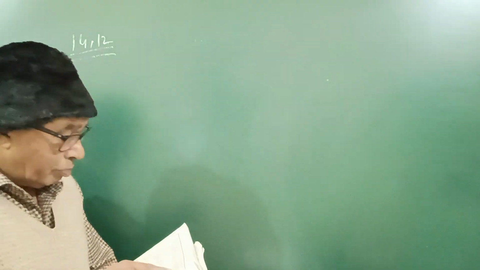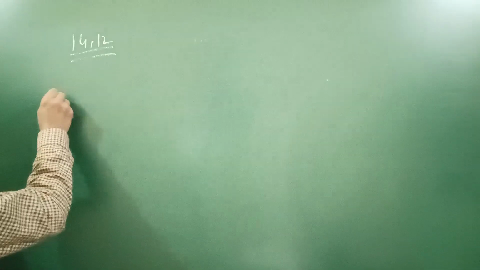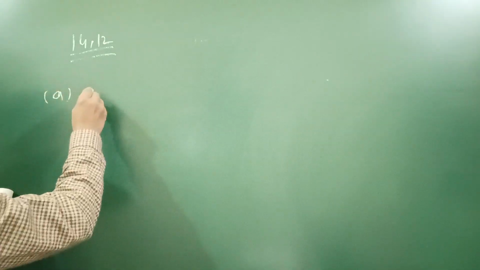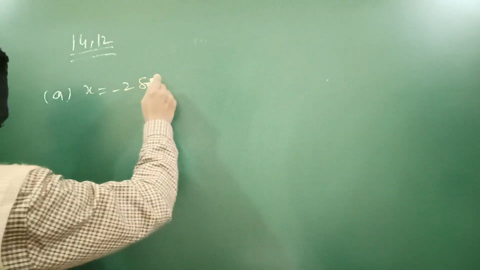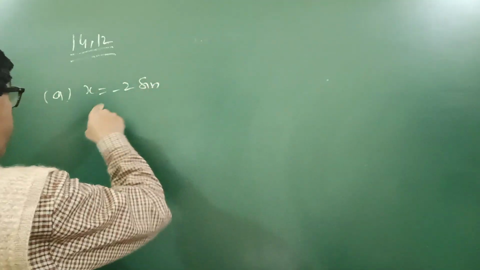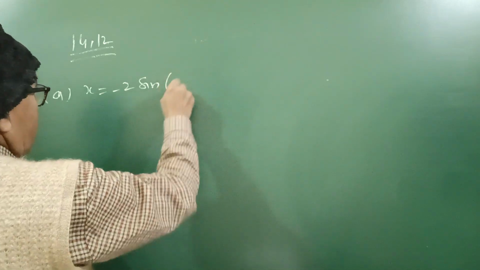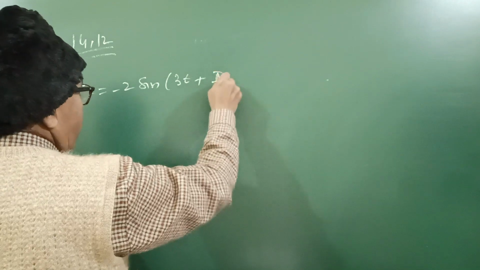x is in centimetres, time t is in seconds. Part a is given: x equal to minus 2 sin(3t plus pi by 3).